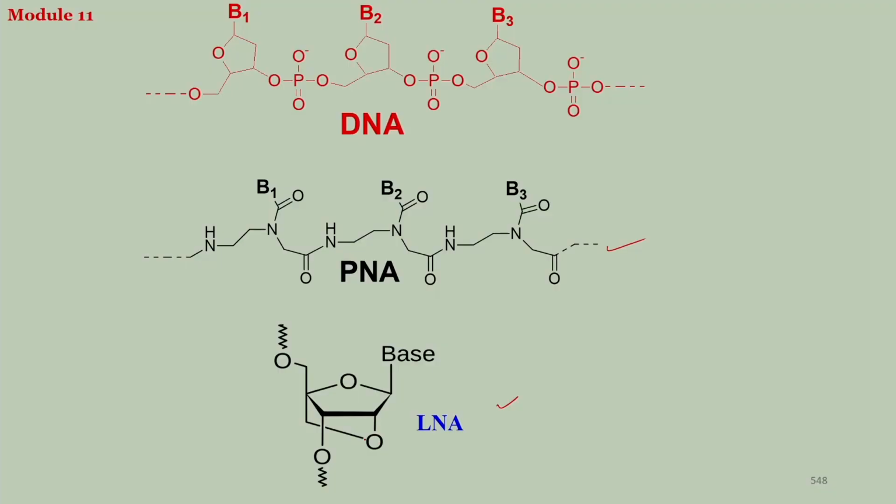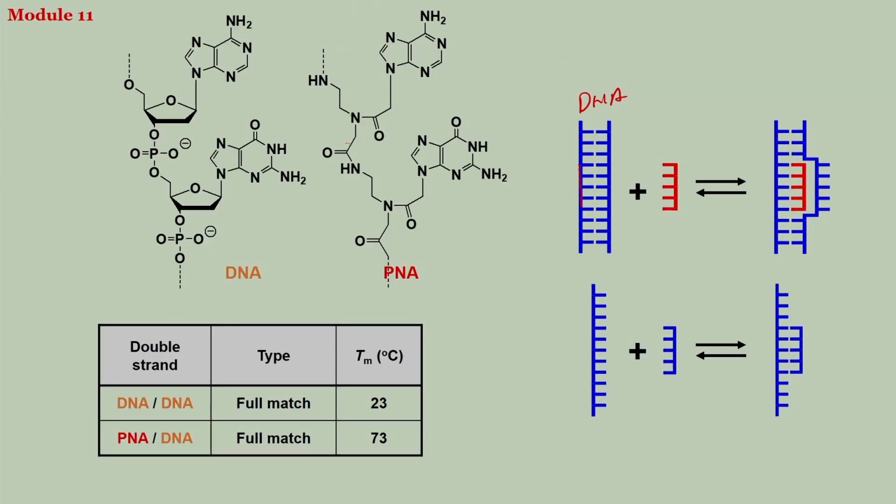Any foreign DNA would be cleaved by the nucleases. So, if you want to carry foreign molecules, these two are the better choices. So, we have seen why PNA, if you use it, makes a very strong hybridization with the target. That makes it a very good candidate or molecular probe to find out the mutations present in the gene.